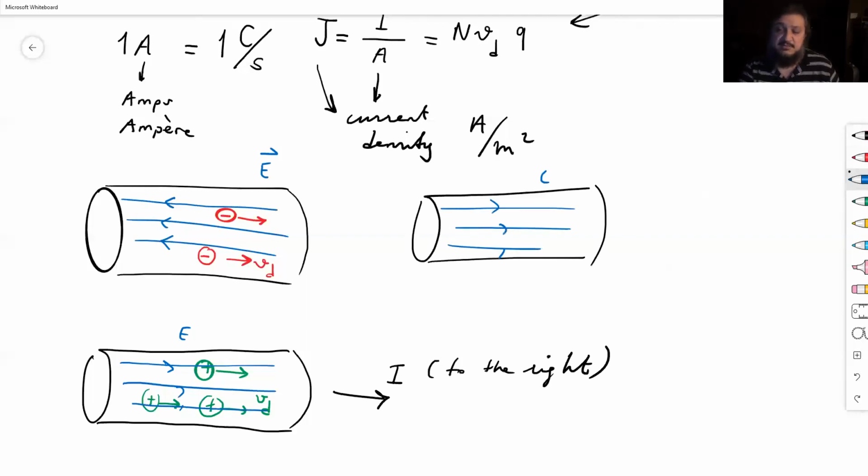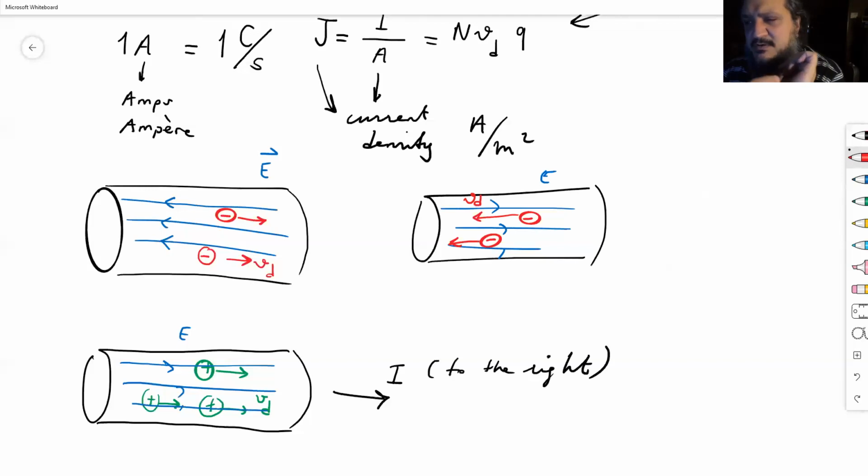But instead of positive charges, I have negatively charged carriers, electrons, in other words. Okay, now the electrons will move to the left, which in fact is what really happens inside a conductor: it's the electrons that move. But based on the electric field, it's still pointing to the right.